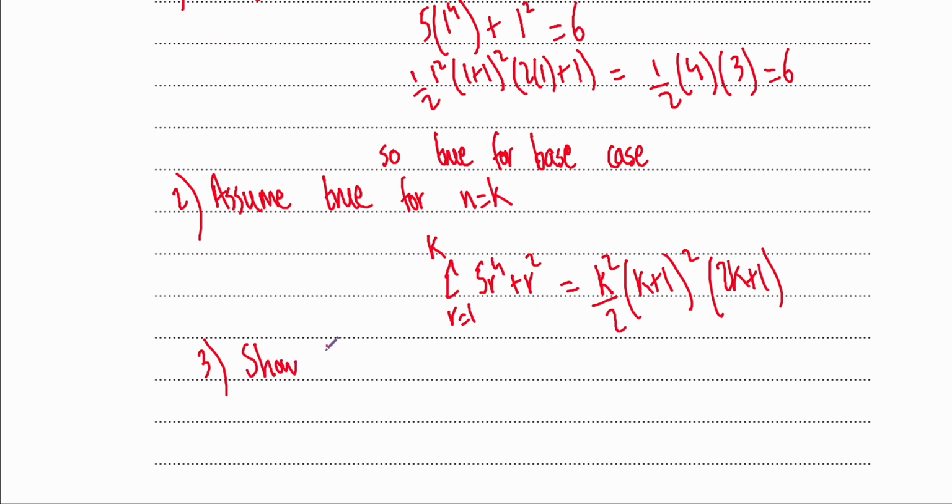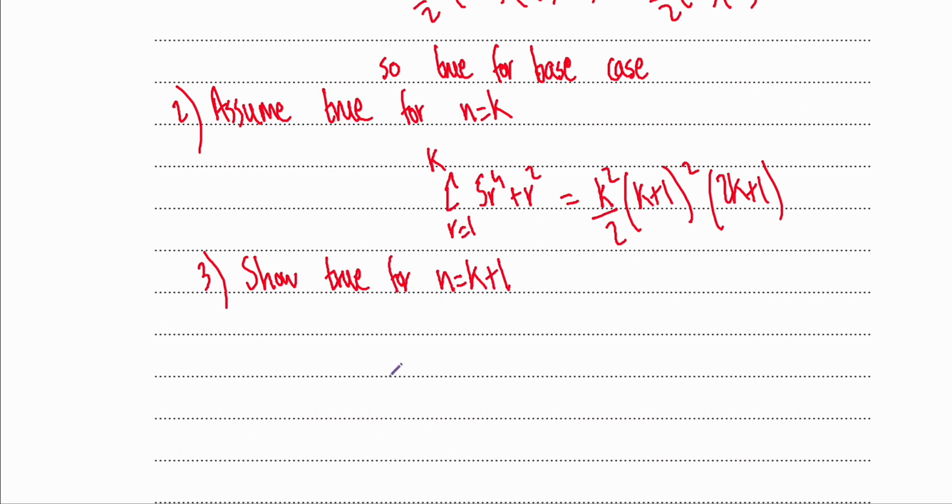So show true for n equals k plus 1. So how would you do this? Okay, so now, with summation, you have to remember. What I'm trying to find is the sum from r equals 1 to k plus 1 of 5r to the 4 plus r squared.